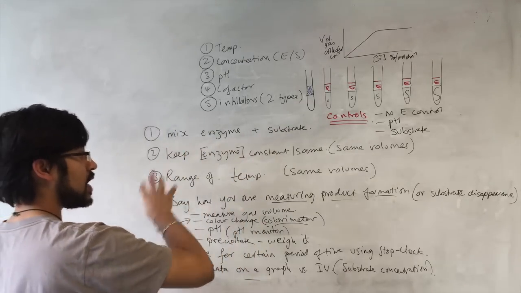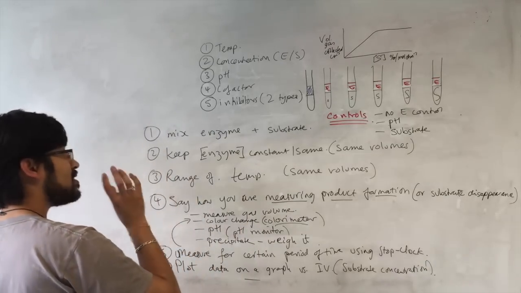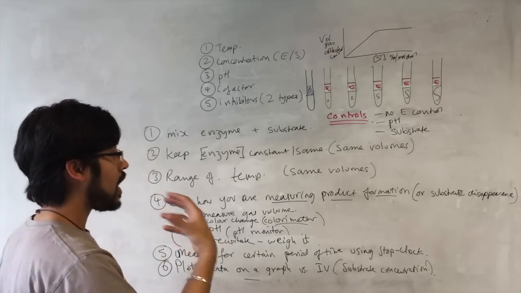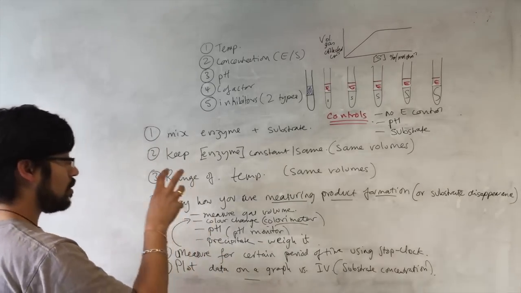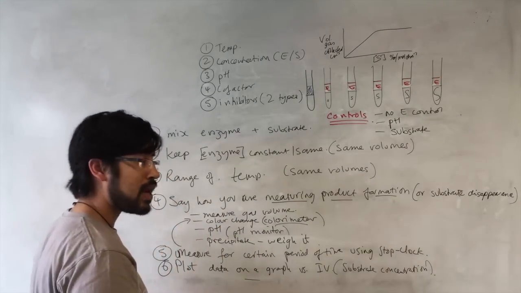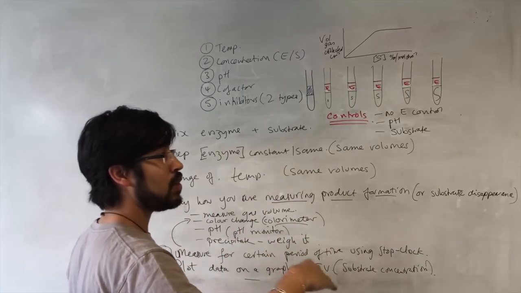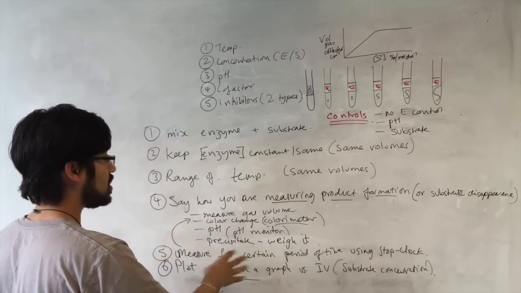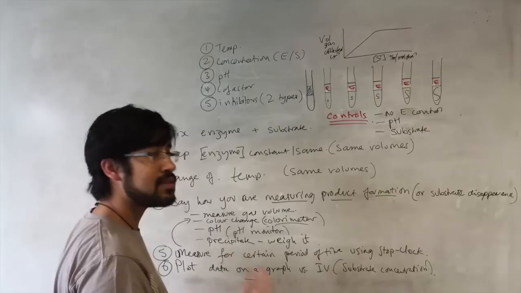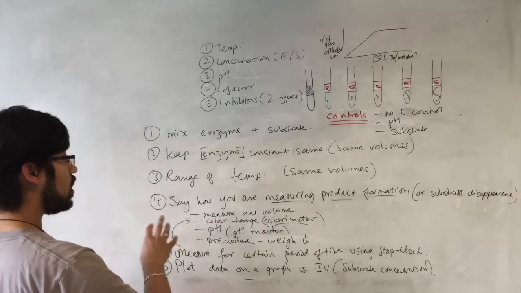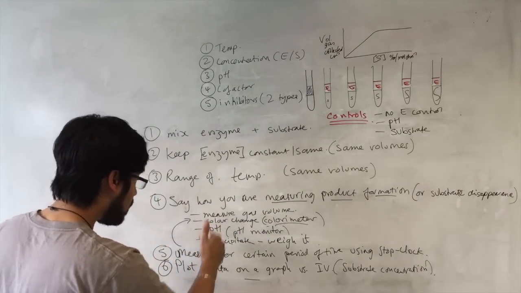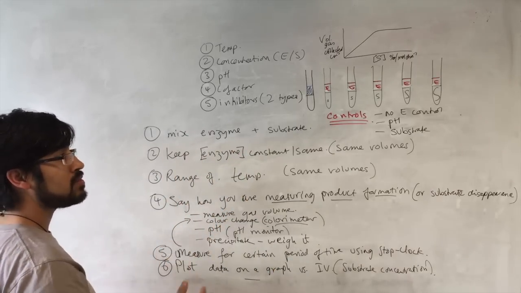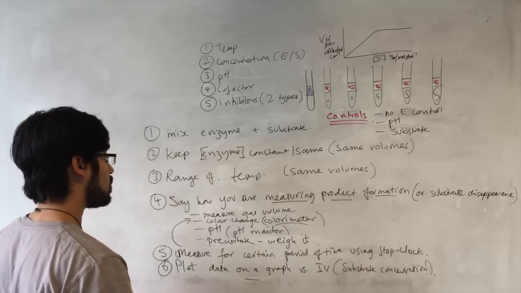Okay, so mix the enzyme and substrate. Say what you're changing, say what you're keeping constant, say how you are going to know that the reaction is happening, and how you are actually going to measure that. Measuring the time is an essential part of that. So I'm going to measure the volume of gas collected in 1 minute, or I'm going to measure the extent of the precipitate that's formed in 1 minute, etc. Finally, mention your no enzyme control to confirm that it's the enzyme that's carrying out the reaction.